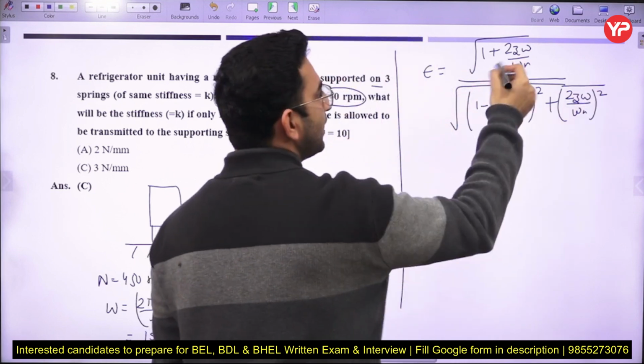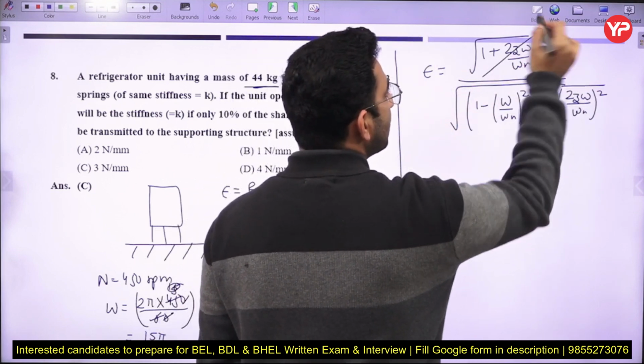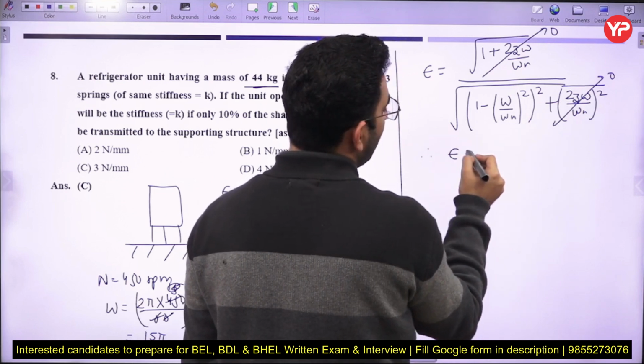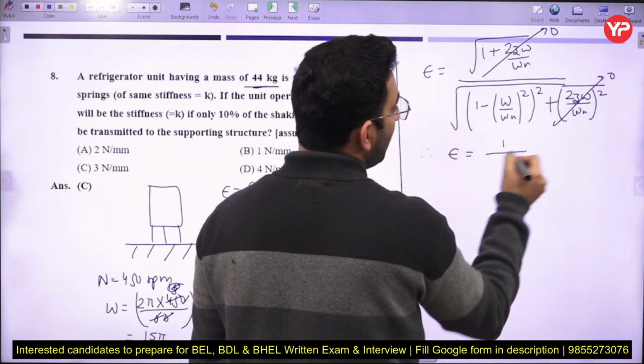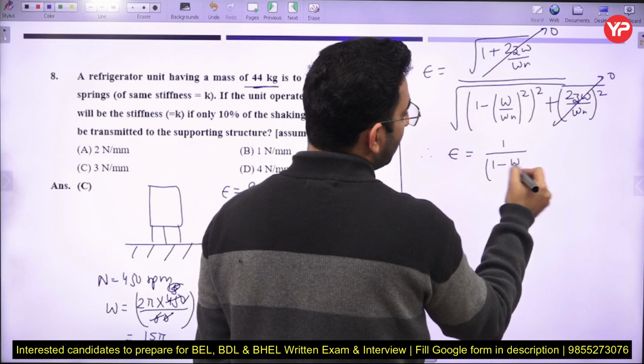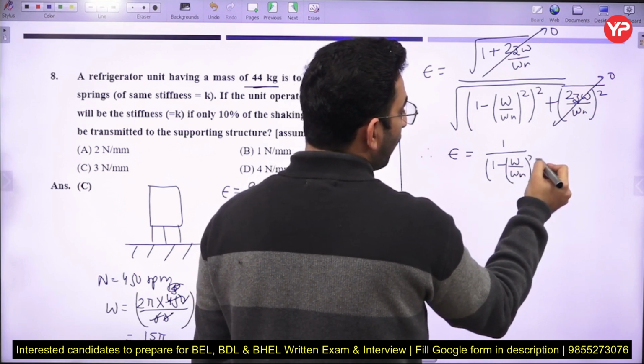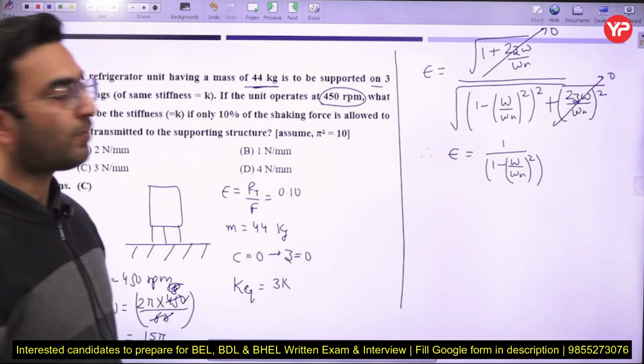If the value of zeta is 0, this term will become 0 and this term will become 0. Therefore the transmissibility formula will become 1 divided by 1 minus (omega by omega n) whole square.